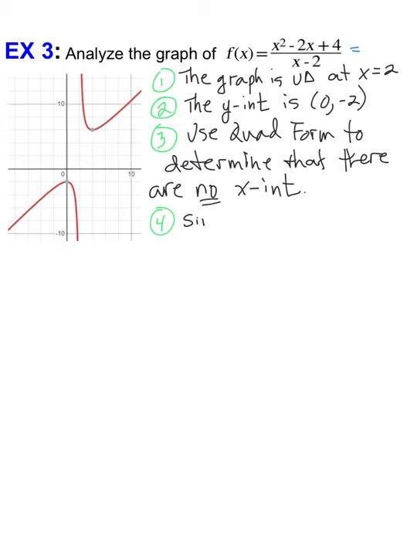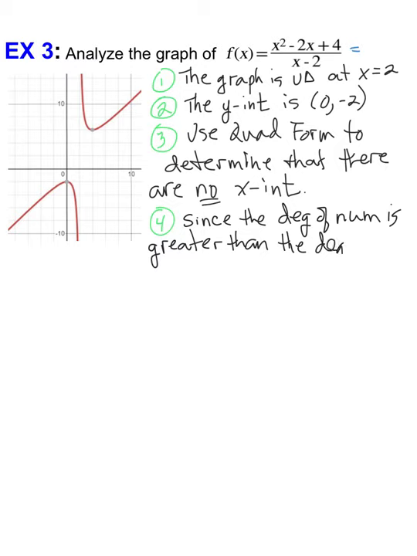So since the degree of the numerator is greater than the degree of the denominator, there are no horizontal asymptotes. So that's the fourth thing with a quotient that you have to look at.